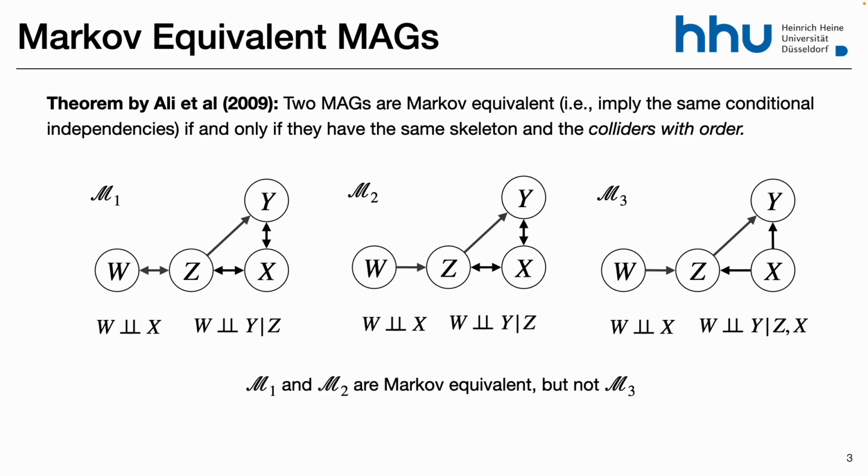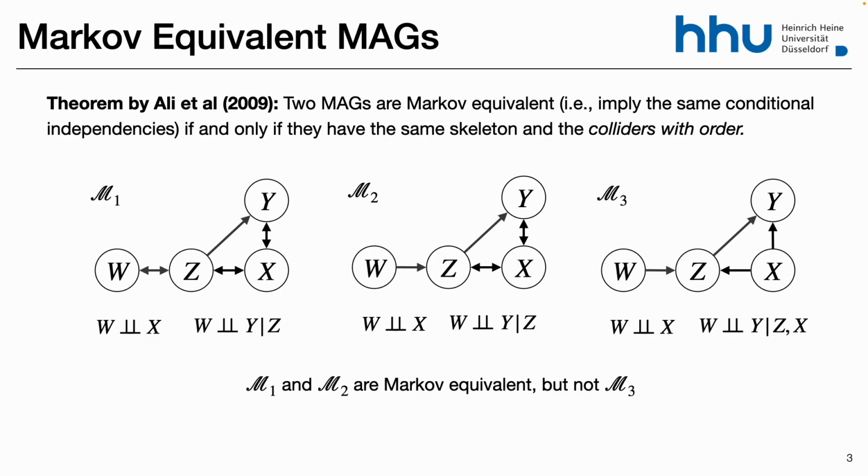Once we condition on Z, we know that this has to be a collider, because otherwise the path would be open like in the third MAG here. So if I see independence just conditioning on Z, it is because the other path has to have a collider. That's why I could discriminate X as a collider. And this collider is of order 1 because I have to condition on one variable first to see that it's a collider. That's going to be the notion. We are going to define it better.